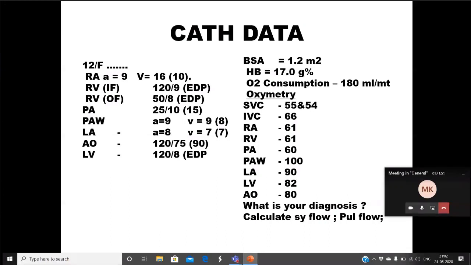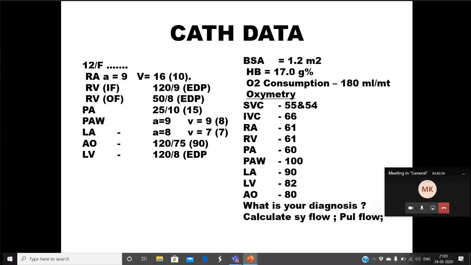So you are trying to find out the oxygen content of the arterial blood. Then why do you want to multiply by 10? To convert it from gram per deciliter to gram per liter, sir. Yes, you want to make it per liter. So that will give you the oxygen content of the arterial blood.